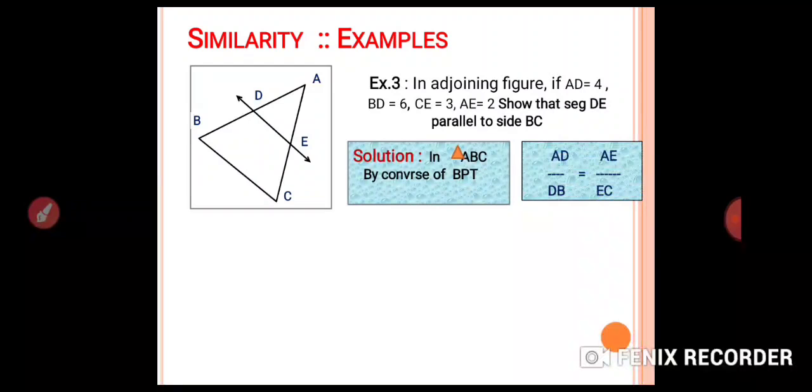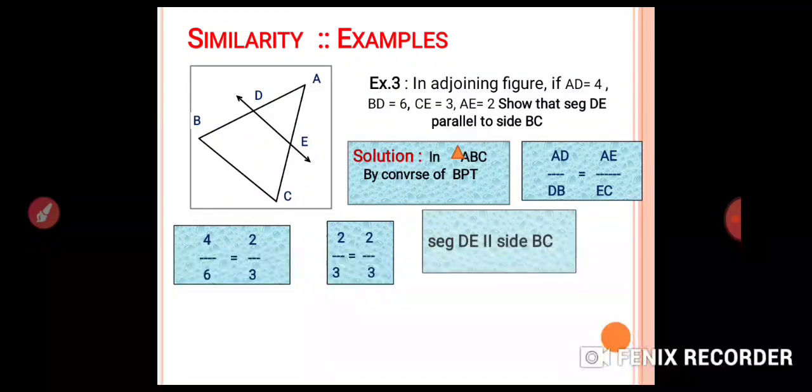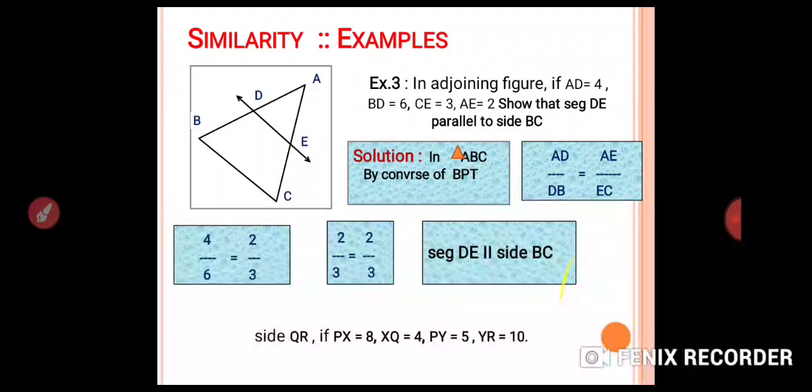We have to prove these ratios are equal. So AD upon DB is equal to 4 upon 6 and AE upon EC is equal to 2 upon 3. Here 4 upon 6, by dividing both denominator and numerator, we get 2 upon 3 is equal to 2 upon 3. That means AD upon DB is equal to AE upon EC. The ratio is the same. So by converse of BPT, segment DE is parallel to side BC.